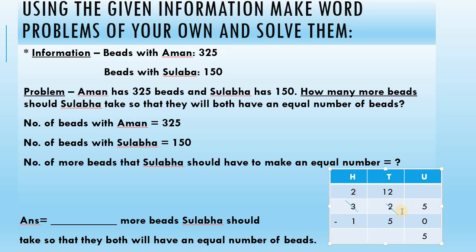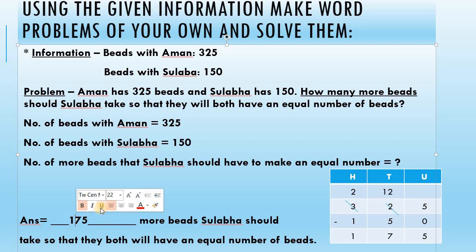Okay, so 12 minus 5 is 7. And 2 minus 1 is 1. So, the answer is 175. 175 more beads Sulabha should take so that they both will have an equal number of beads.